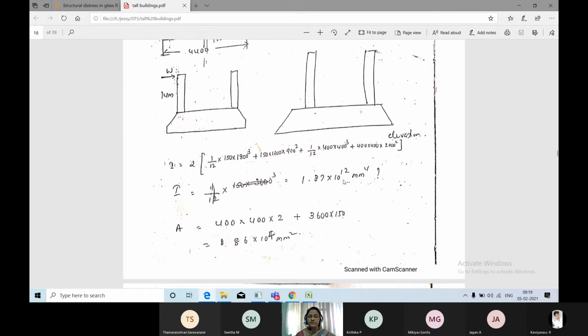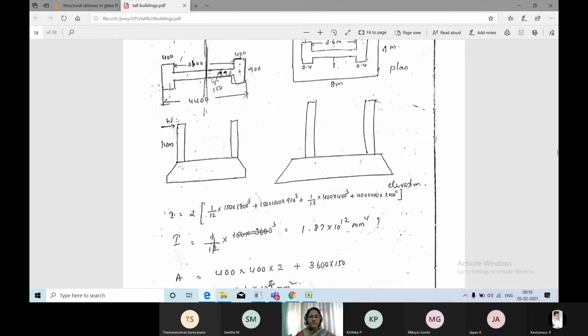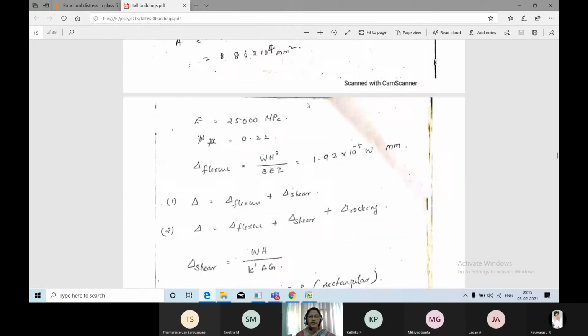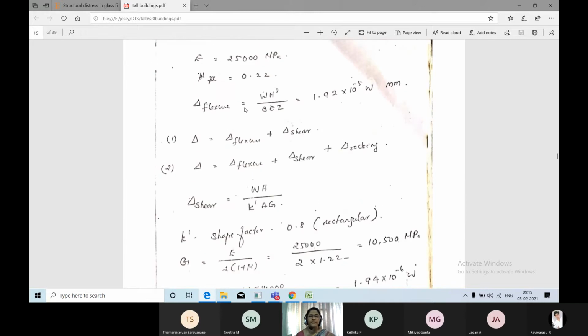You just find out whether it is right or wrong. I hope it is correct. This is the moment of inertia of the shear wall. Then you can find out the area of the shear wall also. Once you know the I value, you can calculate the delta flexure as WH³ by 3EI. So you get an answer in terms of W.